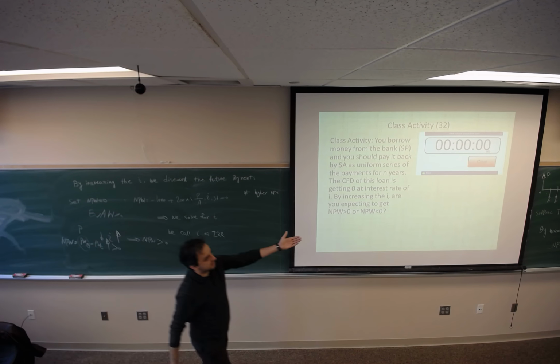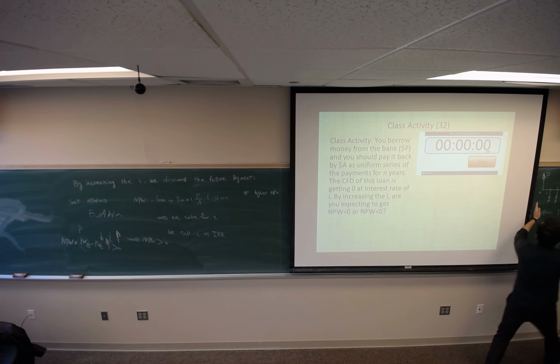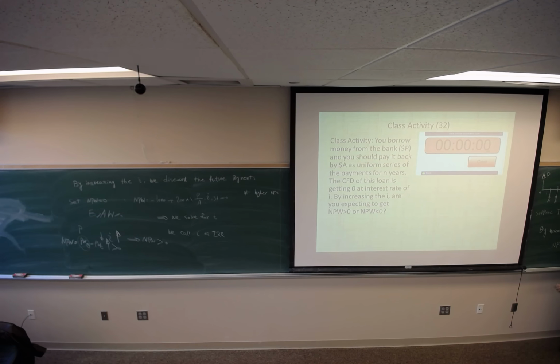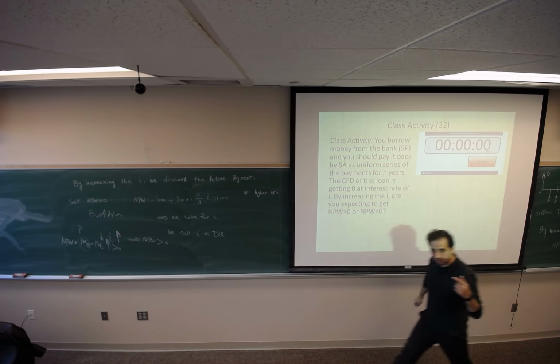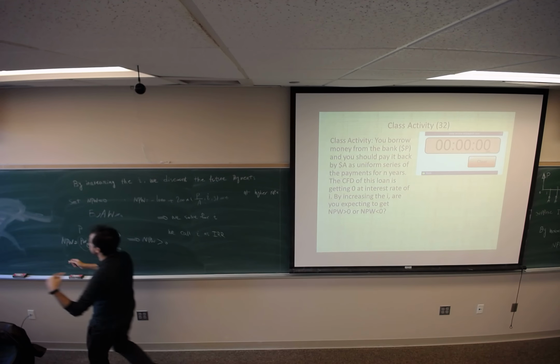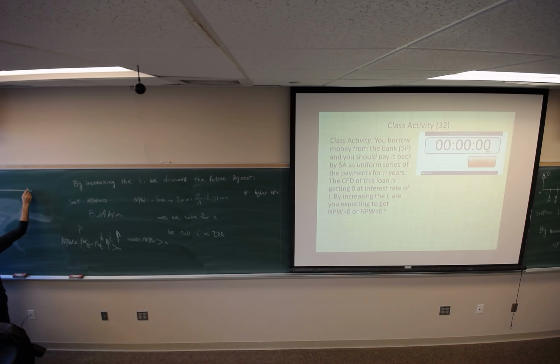the same problem, except this is borrowing. Now you invest. So you put the money at present time in an investment project. Since you put the money here, you expect to get paid in future years.